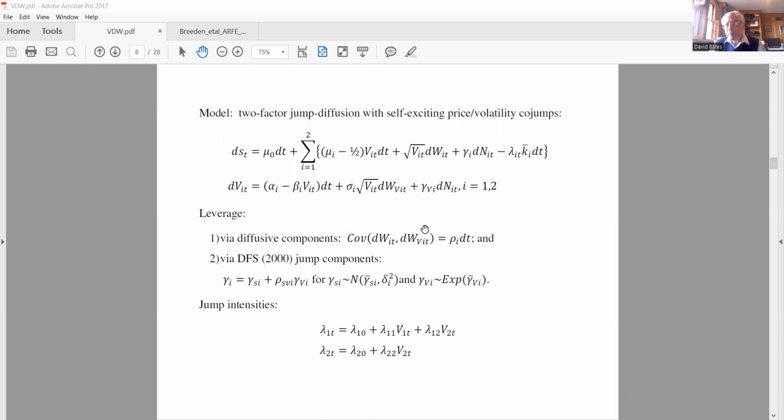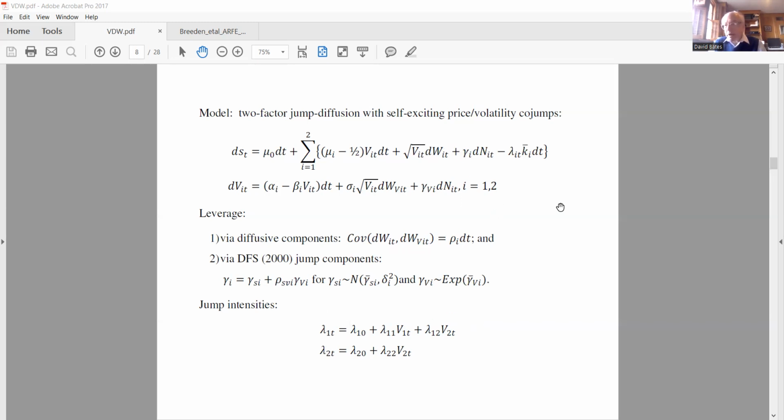And there are two factors, basically a faster moving component and a slower moving component. The rates of mean reversion govern how fast they mean revert. And then I've got this hierarchical structure for jump intensities in which the slower moving V process can affect the jump intensity of the faster moving process, but not the other way around.